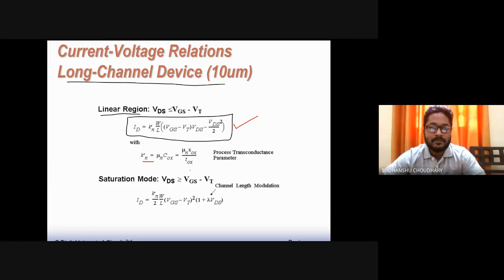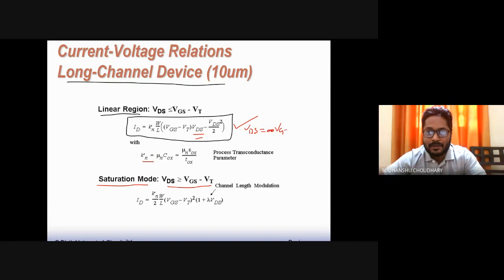Now in saturation mode, that is when VDS is greater than or equal to VGS minus VT, you simply put VDS equal to VGS minus VT in this equation.